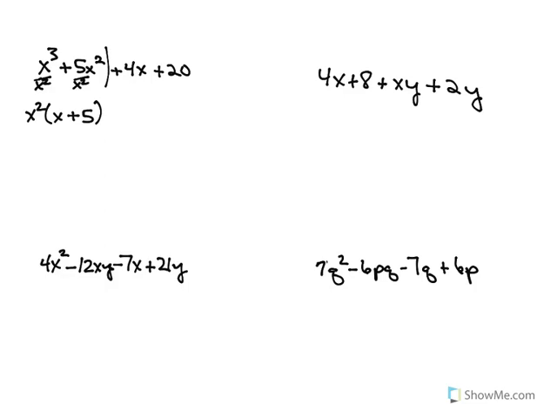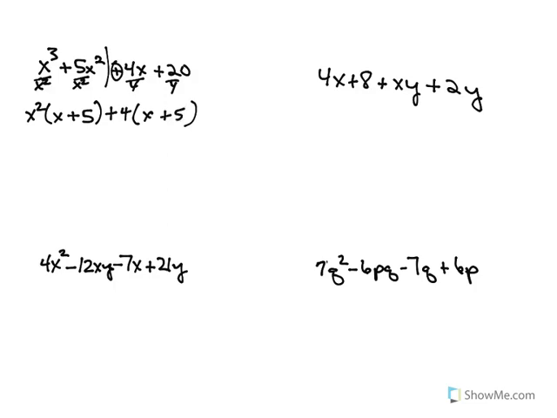So then in my second group, I have a plus in my leading term. So remember, the sign of your leading term is always going to be the sign of your greatest common factor. So then I have a plus, and then my GCF for this group would be a 4. So what's that mean? It means I really just divide each term by 4 in order to determine what I multiply by to create that 4x plus 20.